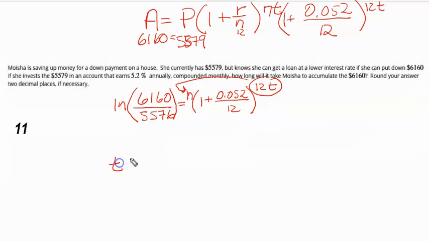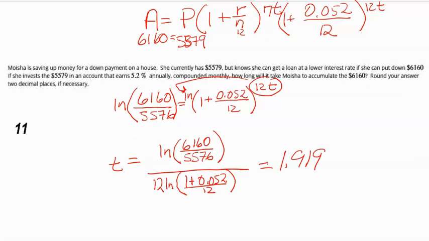Well, t is going to equal all of this so that it looks something like this. So this divided by this, remember that 12 went out in front here, and we had this. That's what t equals.